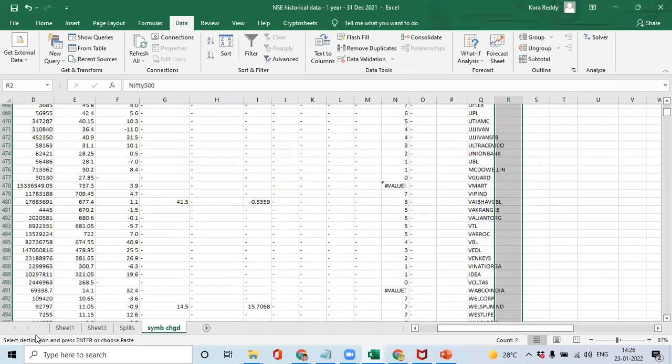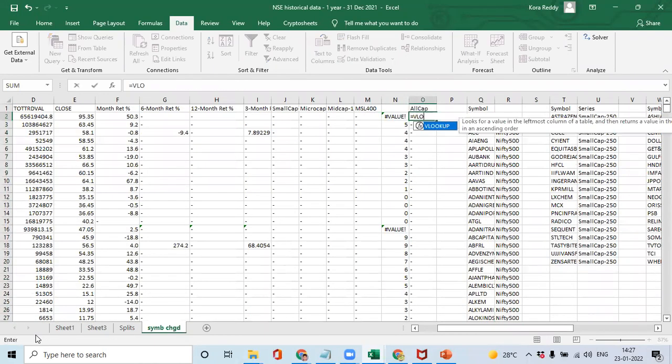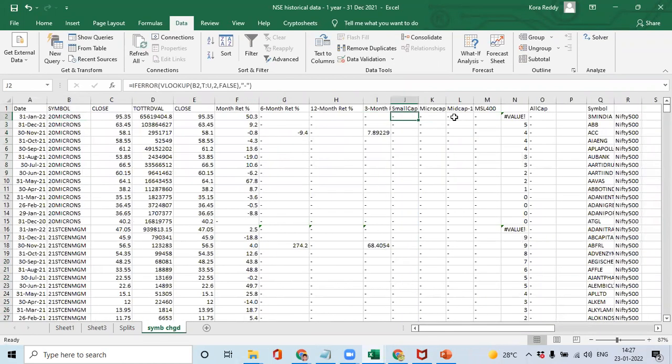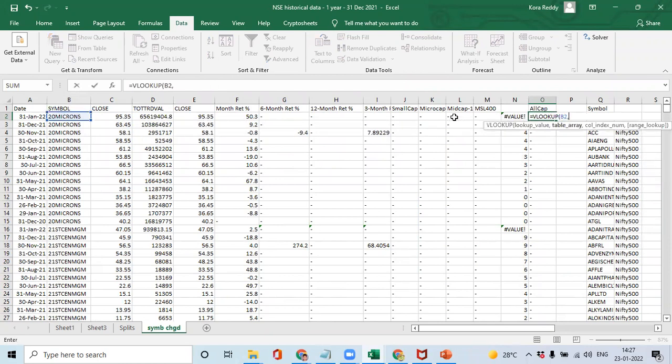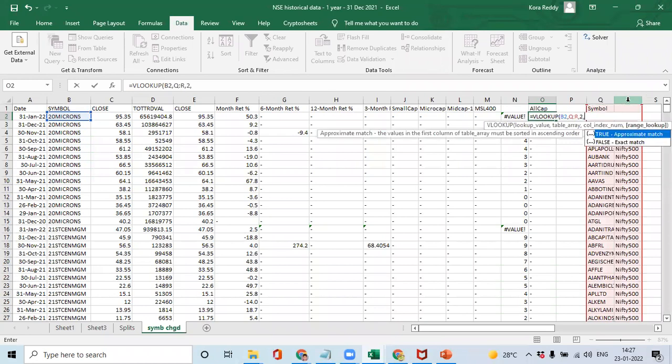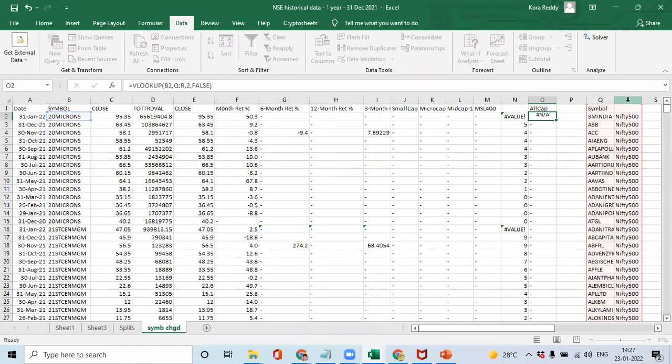Just tell me, is this particular stock in Nifty 500 or not? We look up B2 in this particular array, true and false.